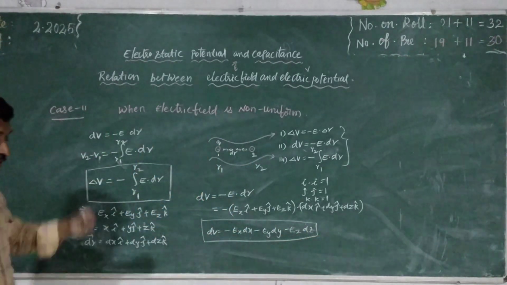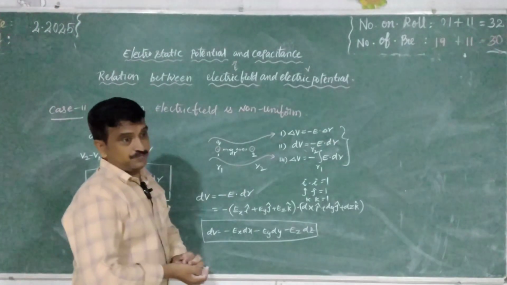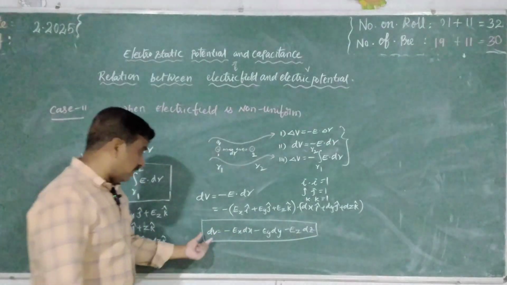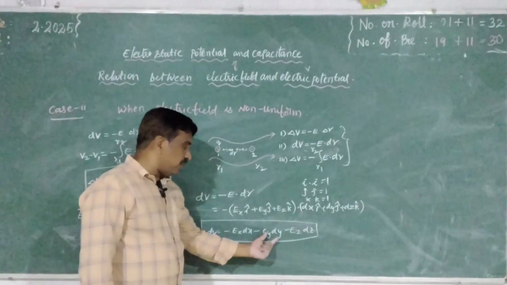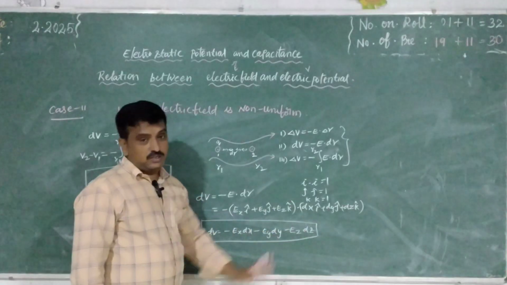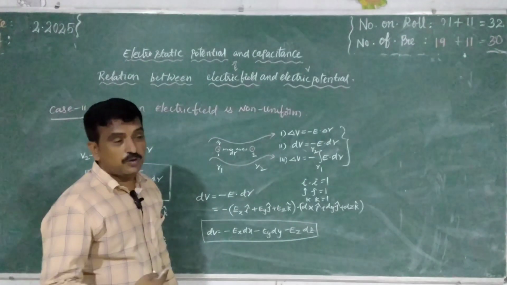This is the dV. See here we can do partial differentiation. This total equation, what we are getting: dV equal to minus of Ex dx minus of Ey dy minus of Ez dz. This we can do now here partial differentiation with respect to x.